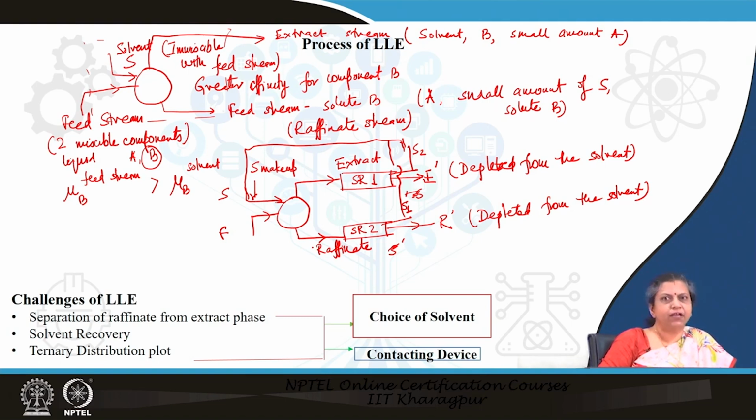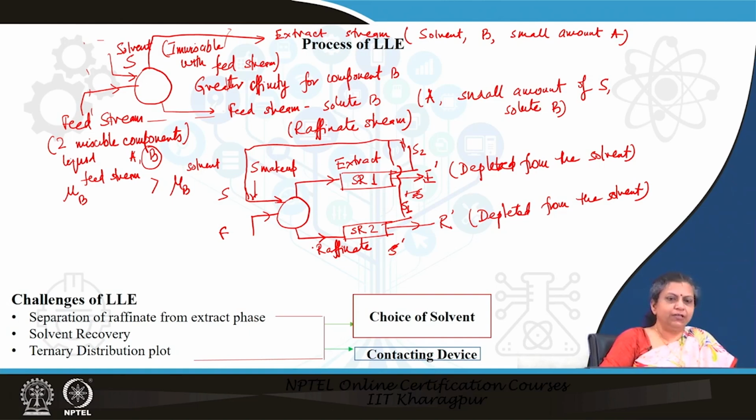We have an x axis, we have a y axis. Usually the mole fractions are plotted on the two axes, or rather the mole fraction of the component which is to be transferred. In case of distillation, it is the more volatile component. In case of absorption, it is the component that is to be transferred. So, that component's mole fraction in the two phases are plotted as the two axes.